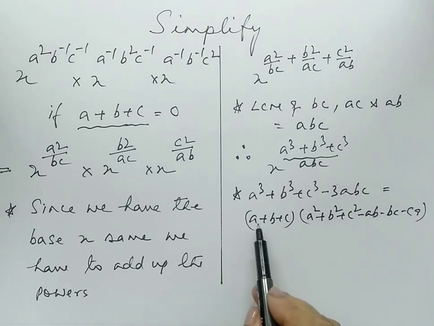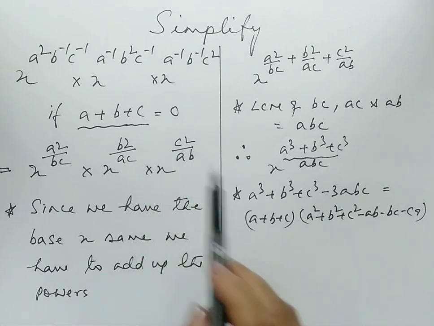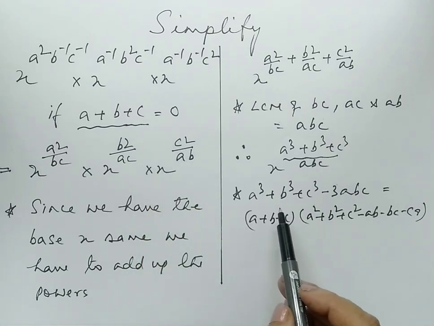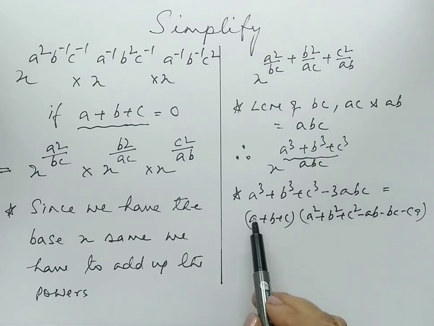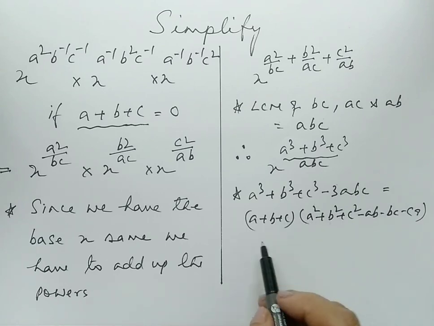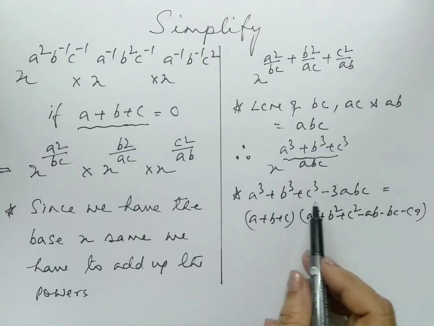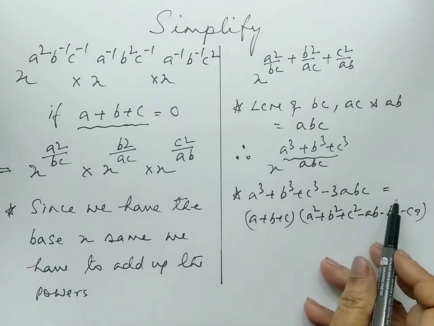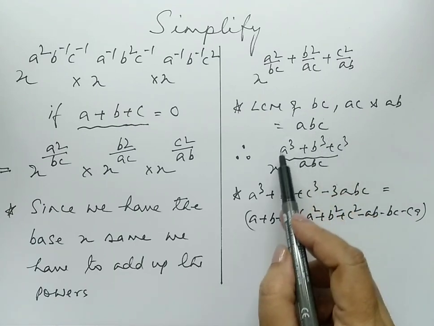Because we have a plus b plus c equals 0, the entire right hand side would turn into 0. As a result, we'll be left with a cube plus b cube plus c cube equals 3abc. So we substitute 3abc over here.